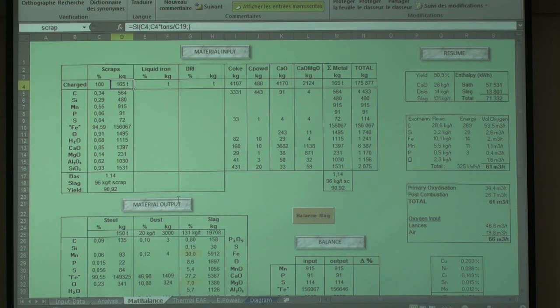Yeah, this is tons here. You see? So this is the tap weight times C4, this is the percentage of scrap, divided by the yield, C19, this is this yield here. Yeah? The scrap yield. So how to calculate the scrap yield?